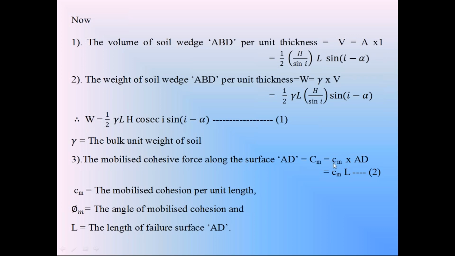Small cm is called the mobilized cohesion per unit length. Capital Cm is called the total mobilized cohesion, and it acts on the failure surface AD. Capital L indicates the length of the failure surface AD.